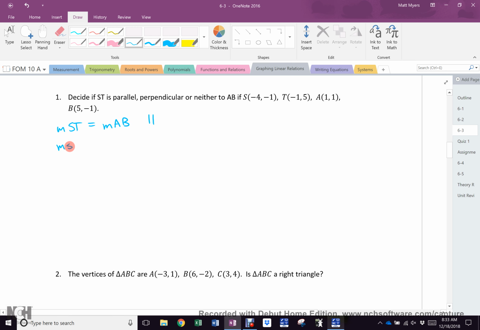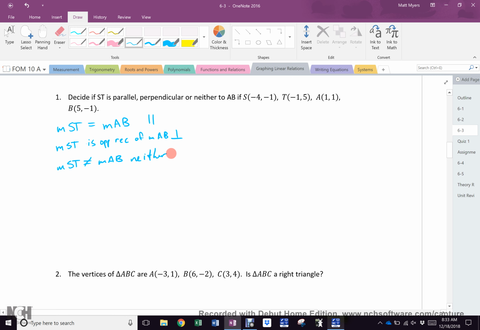If the M of ST is opposite and reciprocal of the M of AB, that would make them perpendicular. If they are not equal, then that would make them neither.